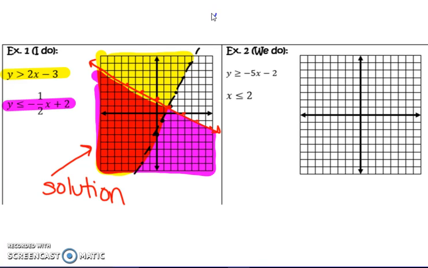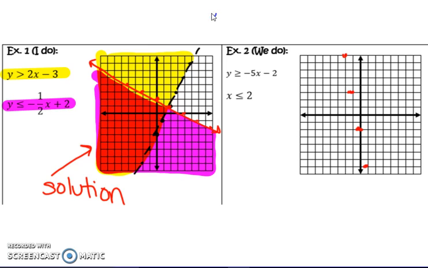If we look at example 2, again, we're going to start by graphing them. So y is greater than or equal to -5x minus 2. I'm going to start at my y-intercept of -2, and I'm going to go down 5 to the right 1. Well, I can't go any farther, so I'm going to go up 5 to the right 1, and up 5 to the right 1.